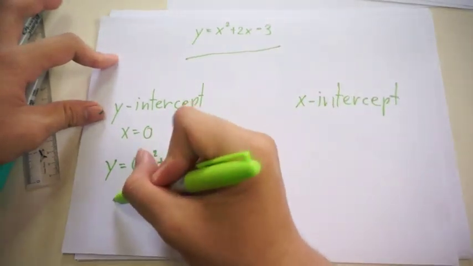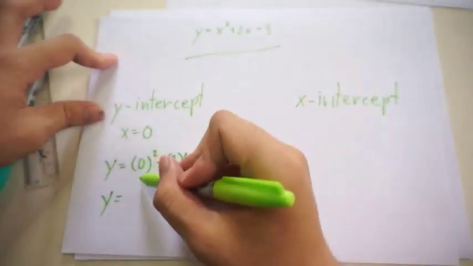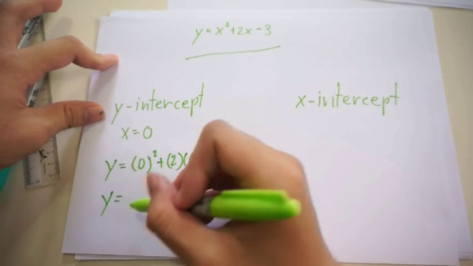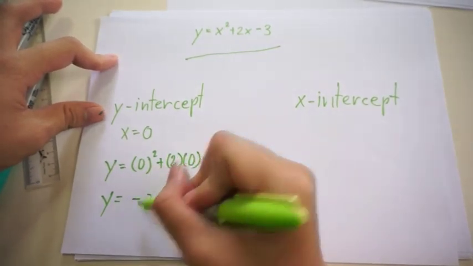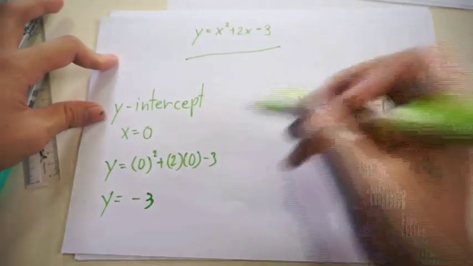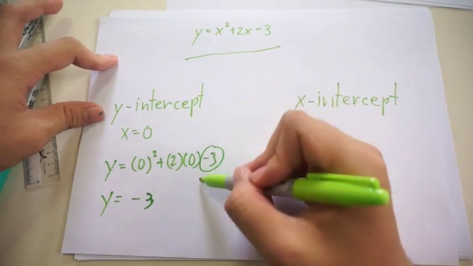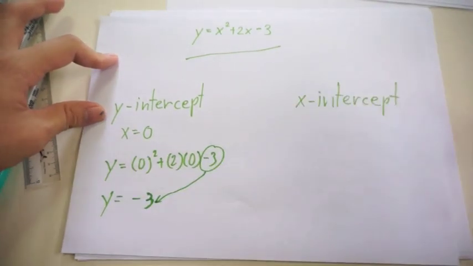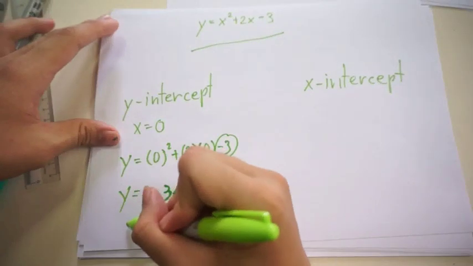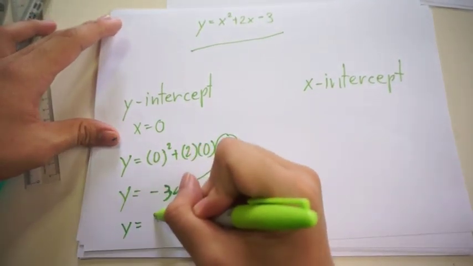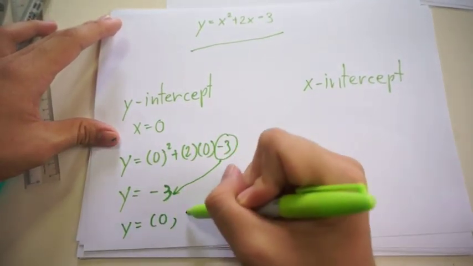And now you get y, because 0 times x squared is always zero. You always get zeros, so the only one that is left is negative 3. So y is in this position.